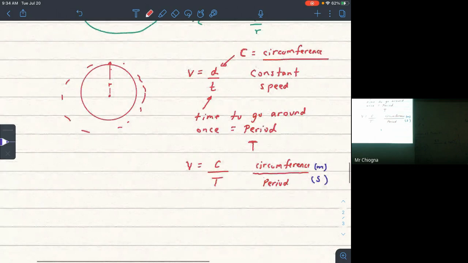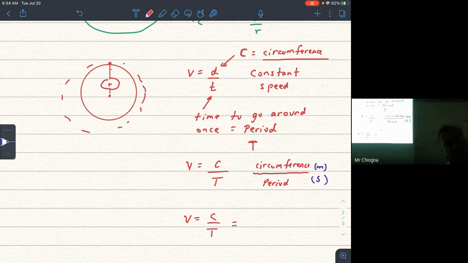What is the circumference in terms of the radius? Don't tell me, write it down. Yes, it's equal to C over big T, but what is the circumference in terms of the radius? Write down what you can remember. You need to memorize some of these simple equations, circumference of a circle, area of a circle. You need to know that.